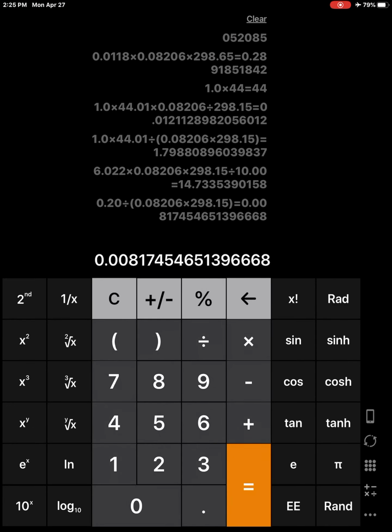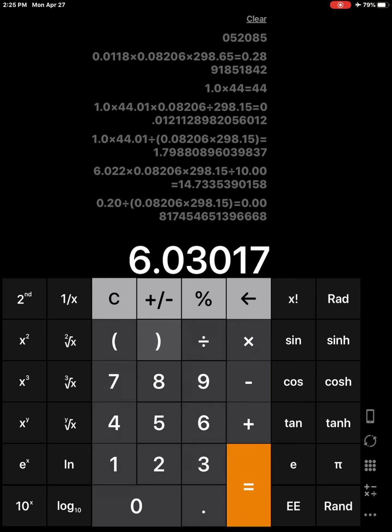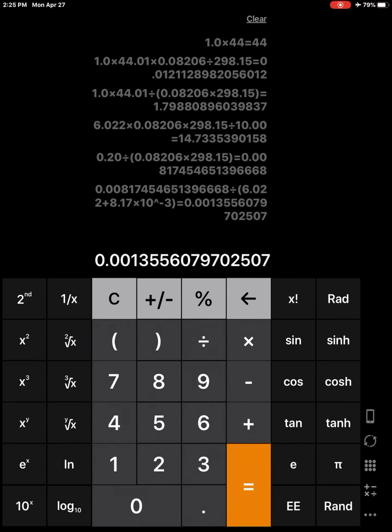So we have that one, divided by 6.022 plus 8.17 times 10 to the minus 3. And it looks like it's really, really small. 0.00136, so 0.0014.